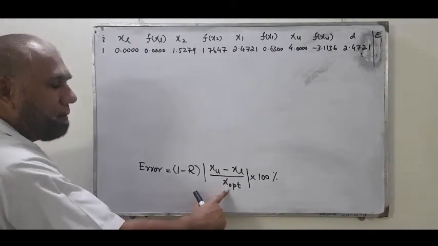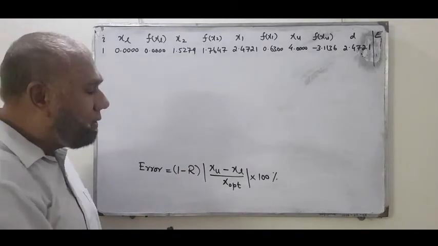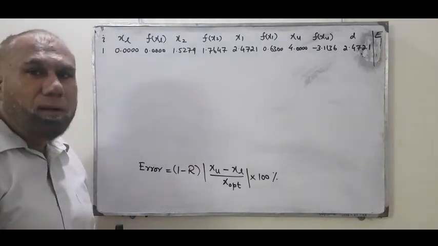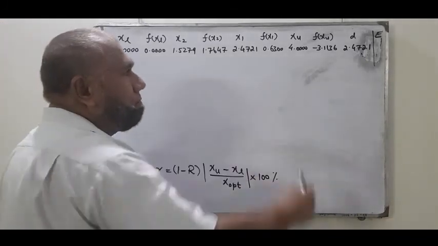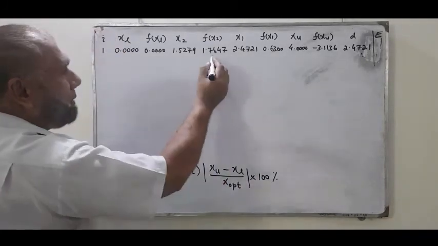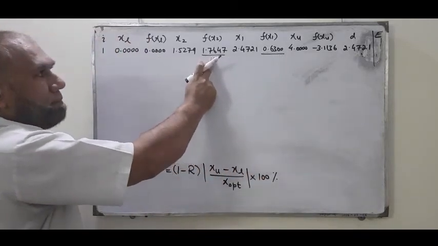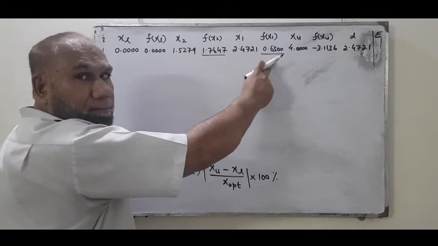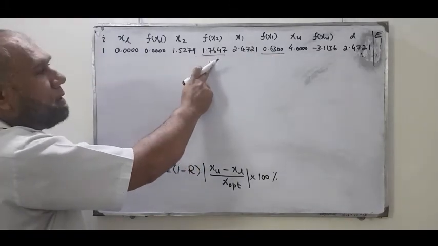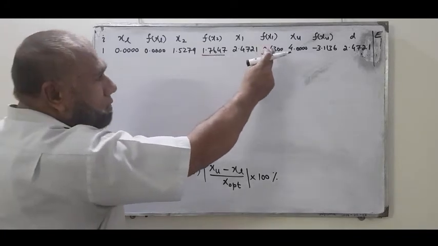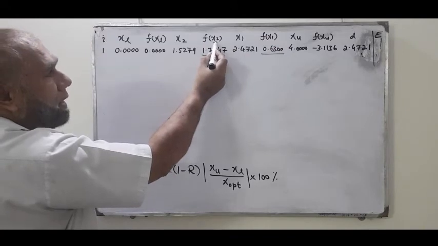So x optimum is the value for the current iteration where we are having the optimum value of the function. If you look at this iteration, whenever we make the comparison of these two function values, f of x2 is bigger than f of x1. This indicates that we have the function value bigger than the value at x1, and this is appearing at x2.